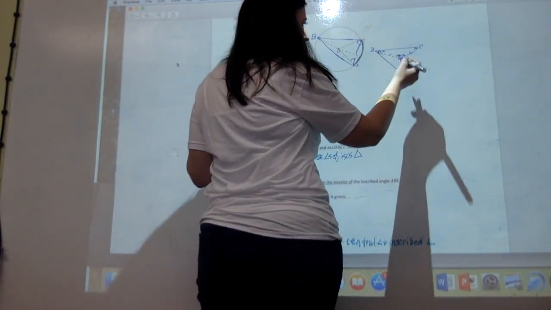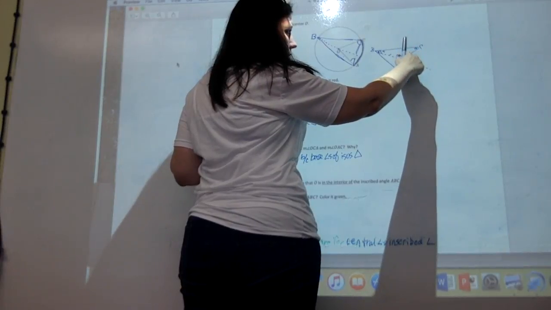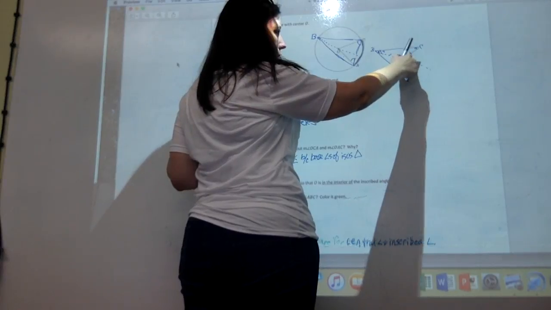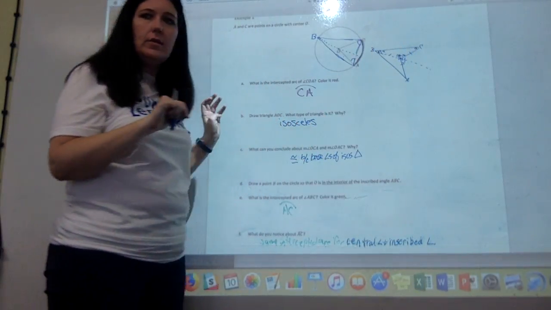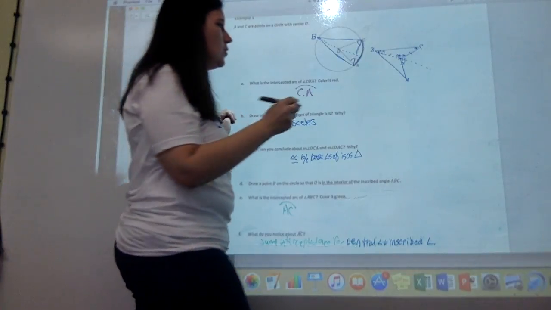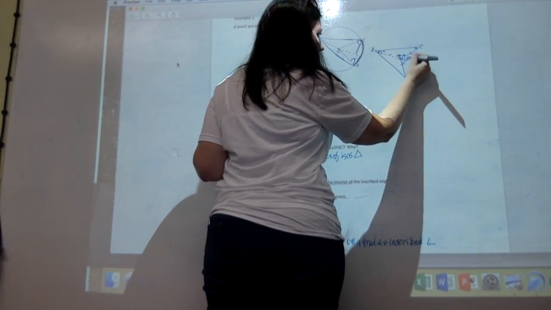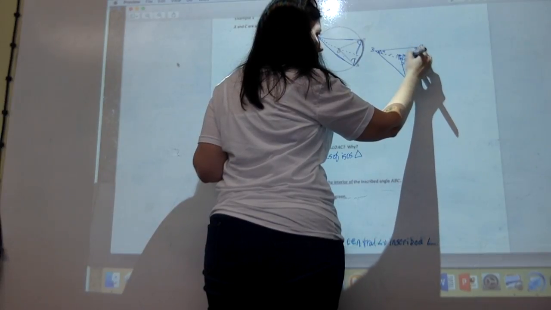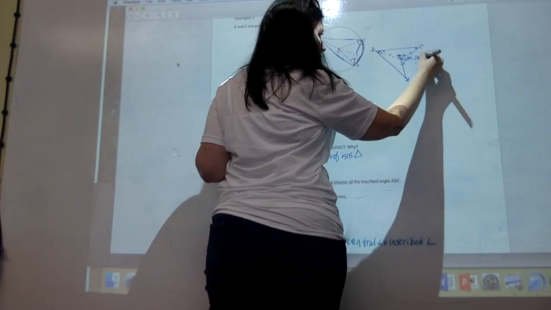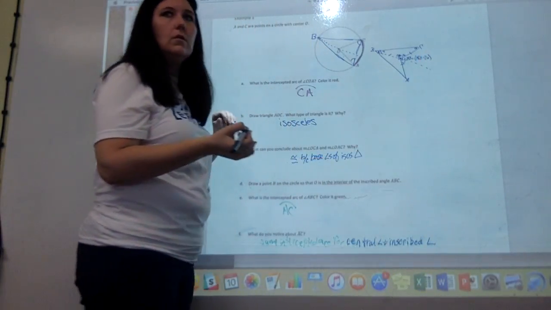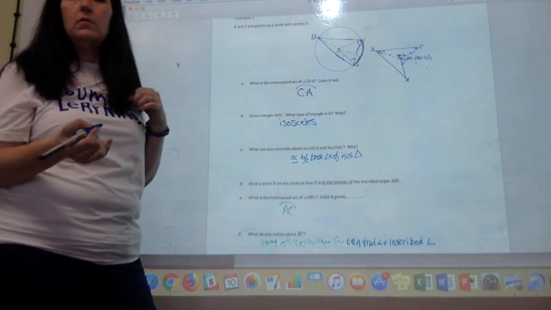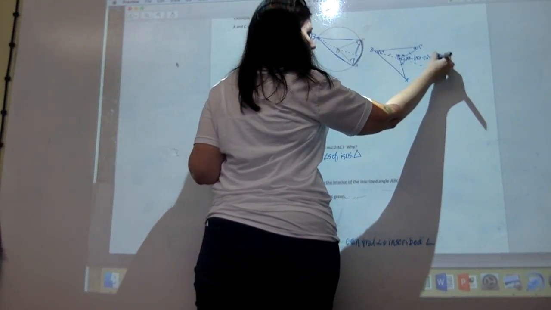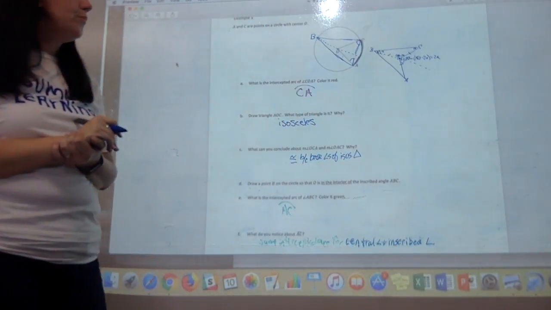Then we'll call this guy right here. So this piece right here has to be 180 minus this, right? So this would be 180 minus 180 minus 2A, so that ends up just equaling 2A.